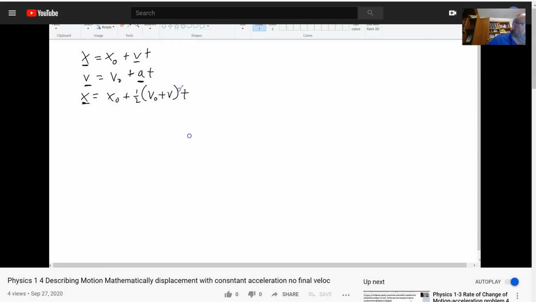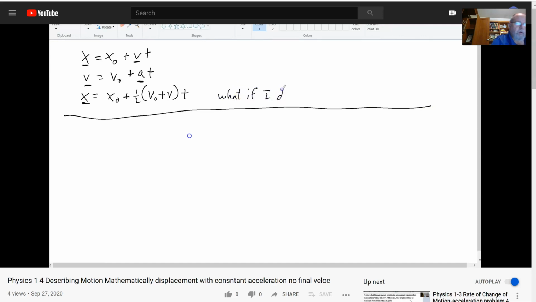Okay, so now what if I don't know my final velocity? So here's what I'm going to want you to write down underneath this. What if I don't know final velocity?